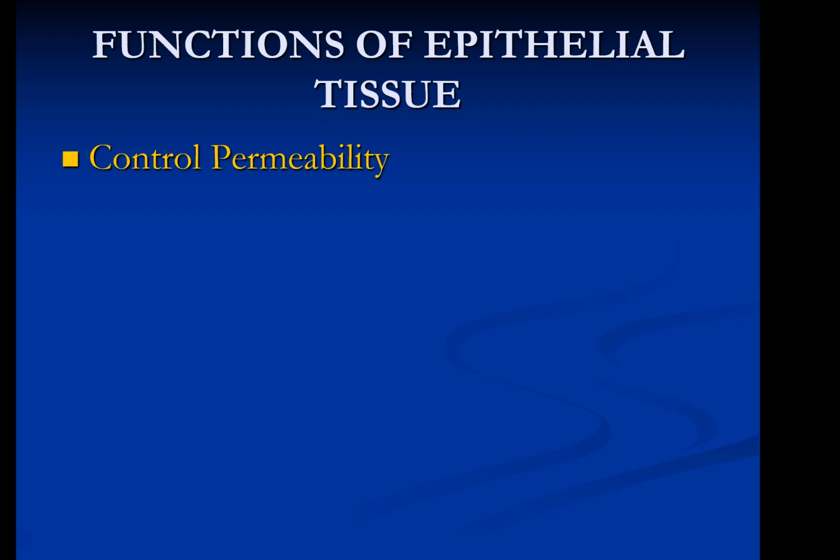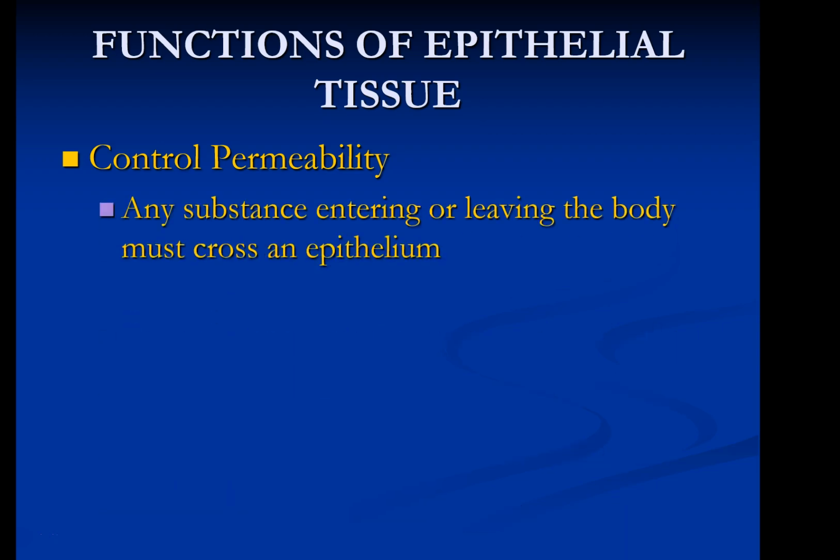Okay? That'd be bad. Or if all the water when I went out in the sun here when it's 108 degrees left my body really quickly and I'd shrivel up and die like a weed. That'd be bad too. All right? So it controls what goes in and out. So any substance entering or leaving the body must cross an epithelial tissue or epithelium. So controlling permeability.